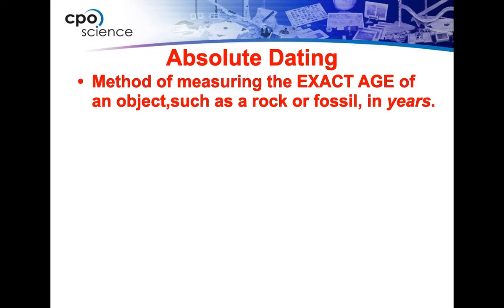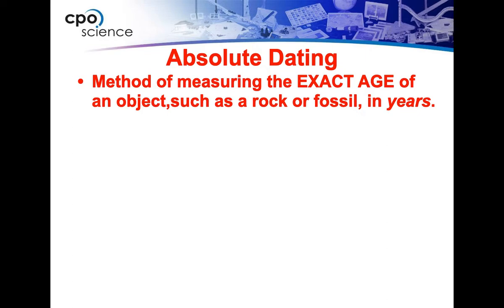So absolute dating is the method of measuring the exact age of an object, such as a rock or fossil, in years. Whereas with relative dating you say, okay, maybe you're younger than your older brother, now we're saying, okay, my brother is 17 and I am 14. So now we're giving an exact age to it.